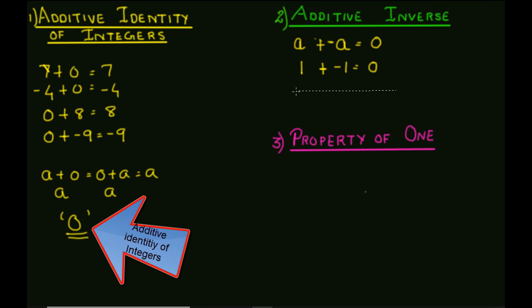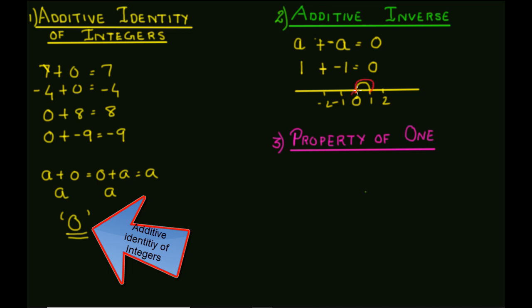What if I draw a number line here? So we have our 0 here, and we have 1 out here, 2. You have negative 1 here, negative 2. So 1 plus negative 1, you take one step backward.